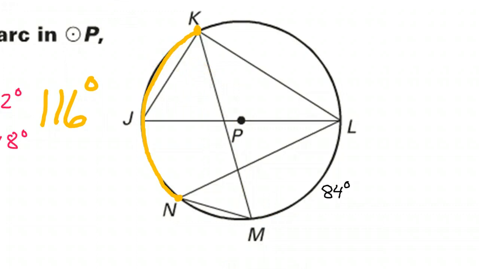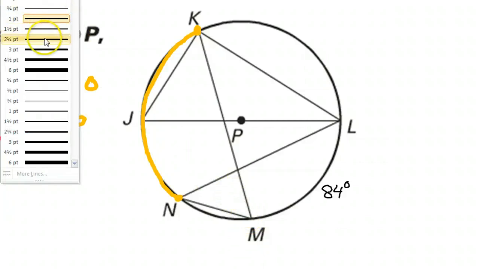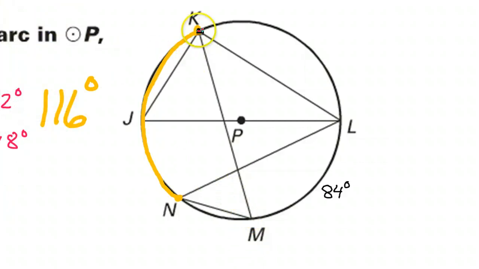KLN. I feel another easy one coming on. Yeah, it's another easy one, guys. KLN. That's K L N. And once again, the orange arc here, 116 degrees, is already highlighted for us. It is the intercepted arc.